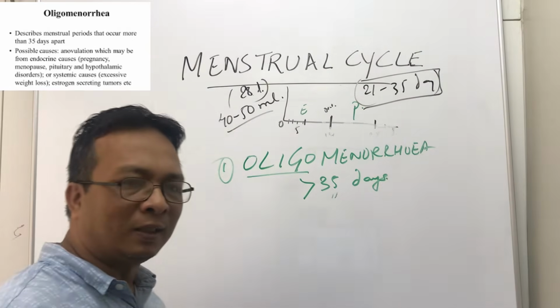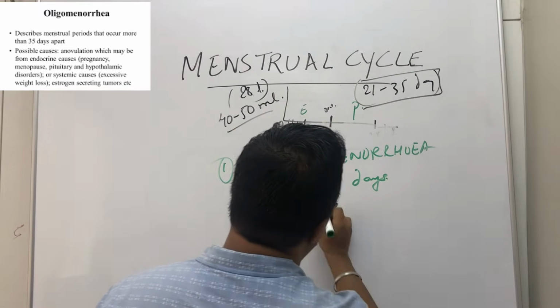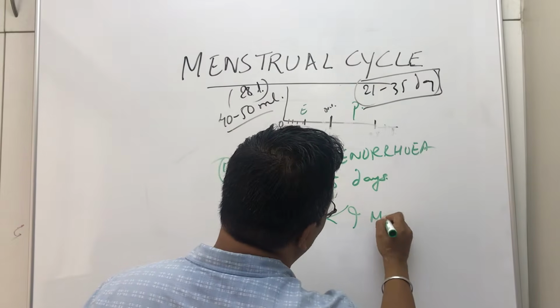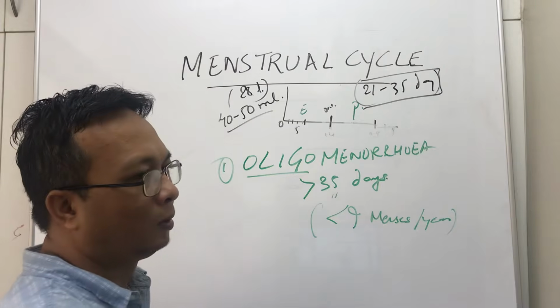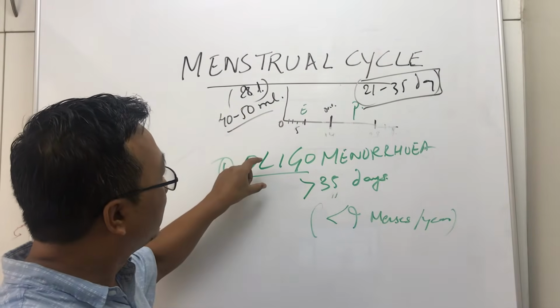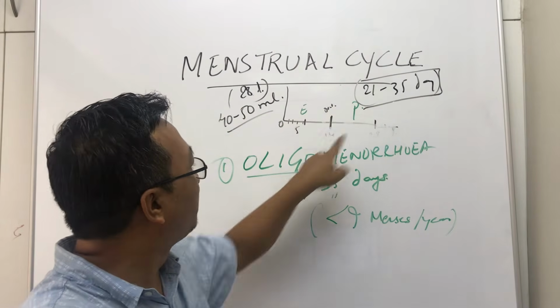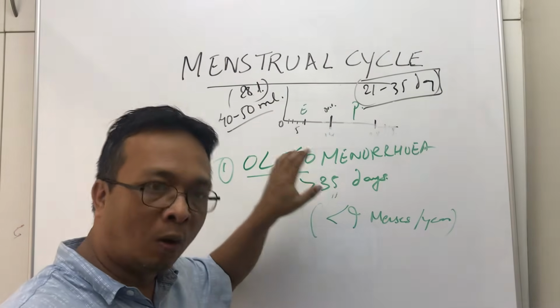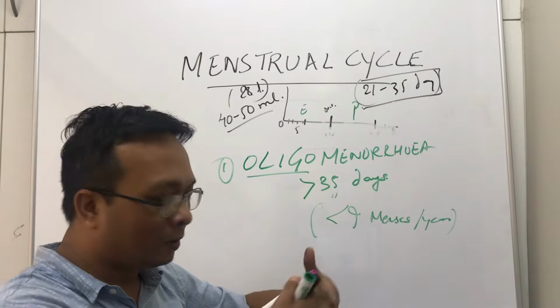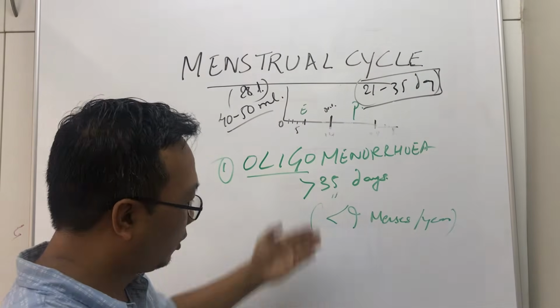When the menstrual cycle is more than 35 days, that is, there are fewer than 9 menses per year, we call this oligomenorrhea. It means the period is increased.